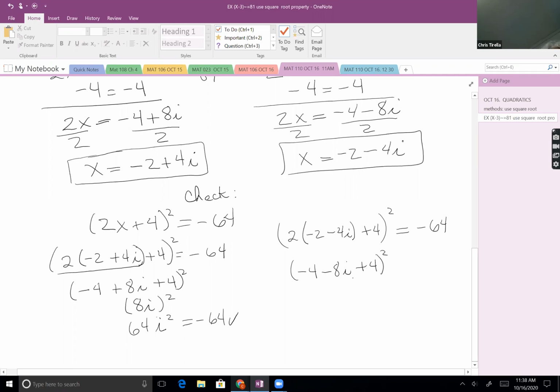Simplifying inside the parentheses, I get (negative 8i) squared. Negative 8 squared is 64. i squared is negative 1. And so that does equal negative 64.